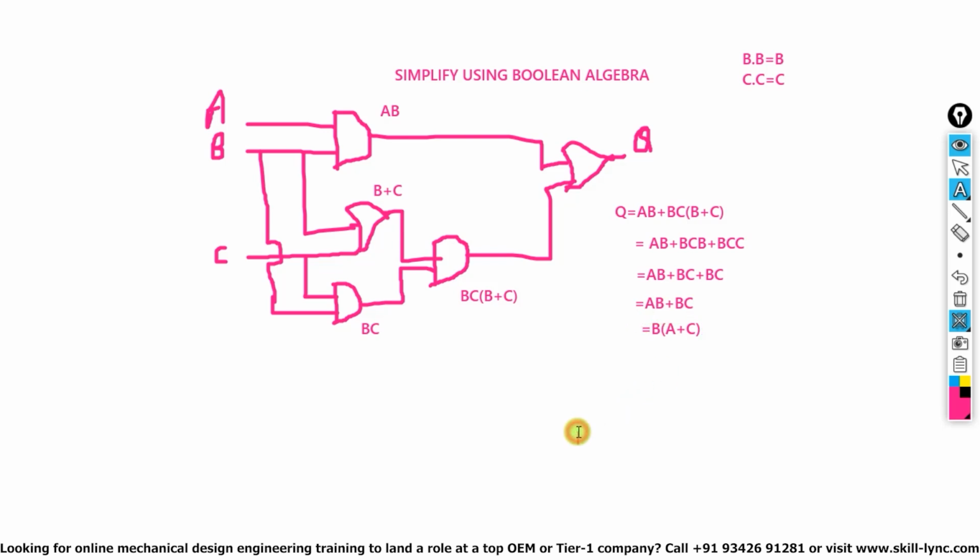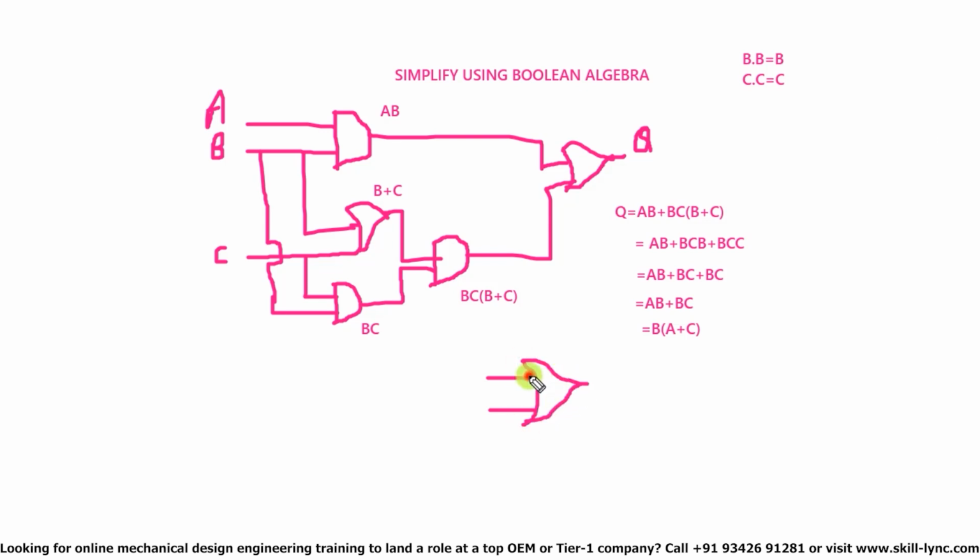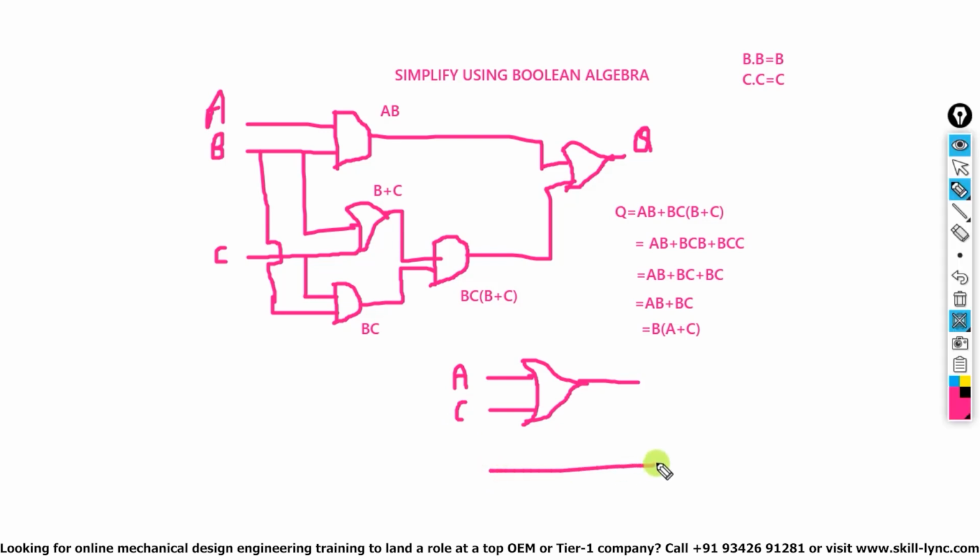Let's draw the circuit diagram for B into A plus C. You will take an A, you will take a C, and put an OR gate here. Now I want an AND with B, so I am just taking a wire for your B and putting an AND gate here.